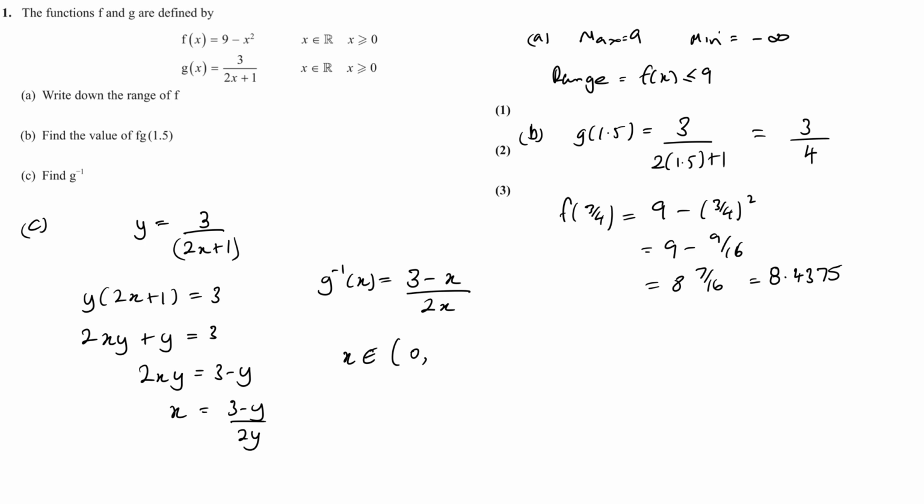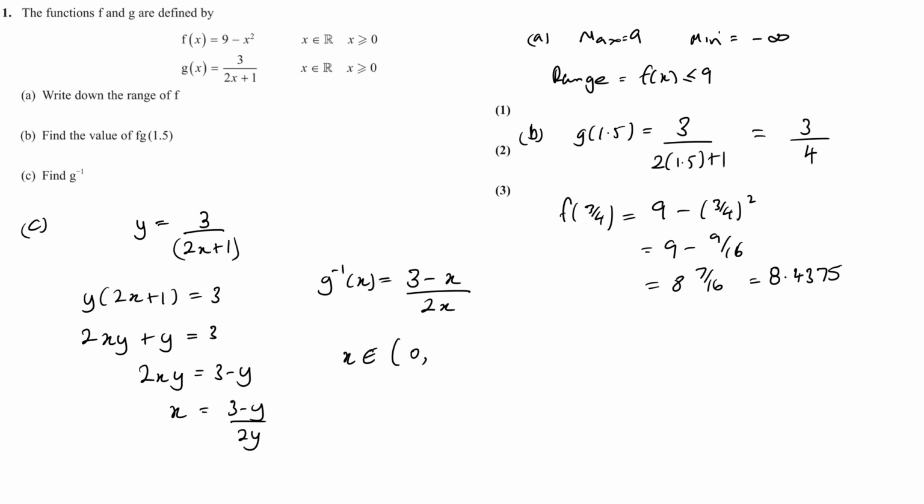And then, if you remember, that was the original domain, which means that this is now the range. So as a range, this has got to be greater than or equal to 0. So if you look here, if x is 3, it would be 0.